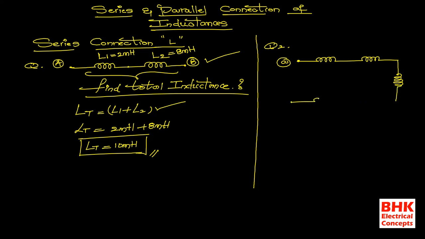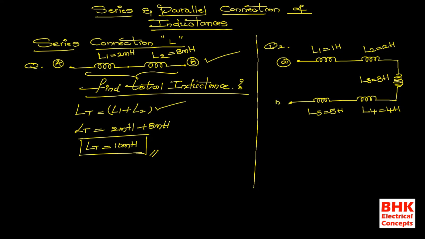This is L1, 1 henry; L2, 2 henries; L3, 3 henries; L4, 4 henries; and L5, 5 henries. L1, L2, L3, L4, and L5 are all connected in series.